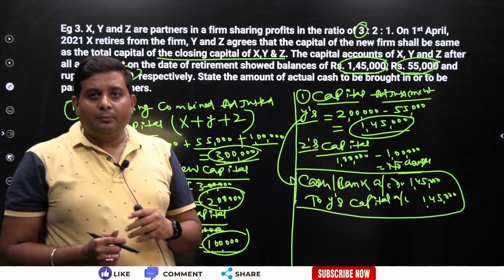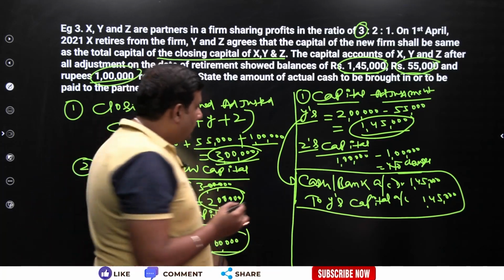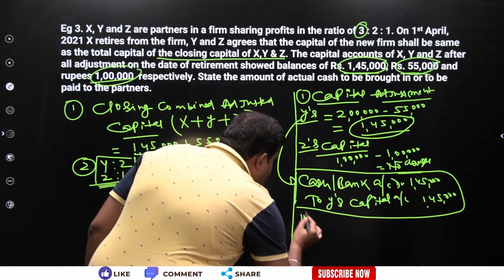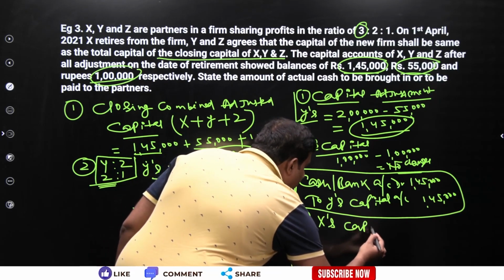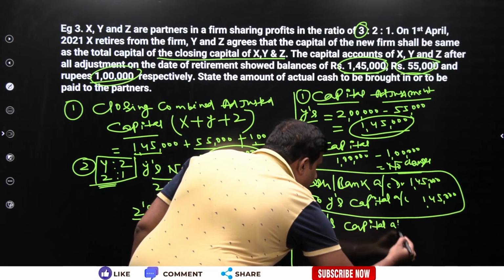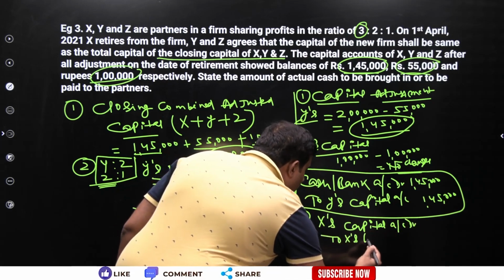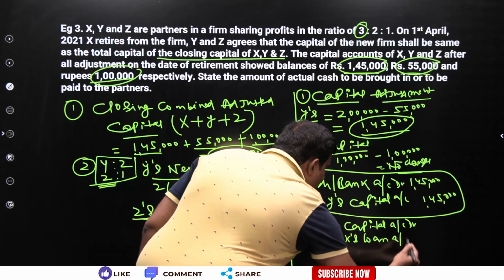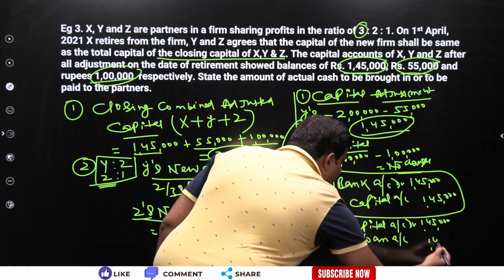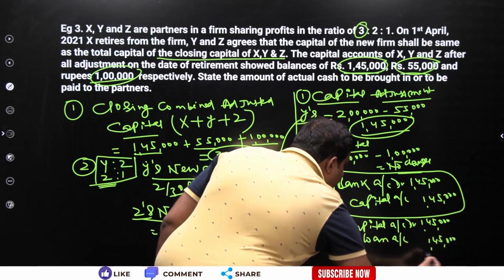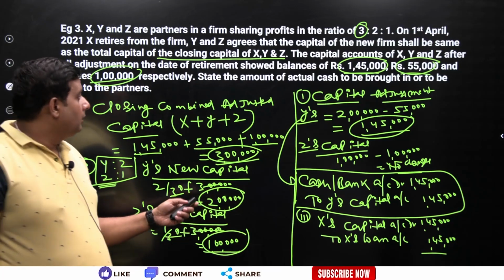Then by default, what we have to do is X's capital account debit to X's loan account. So the journal entry should be X's capital account debit to X's loan account, and the value is 1,45,000. I am sure you understand this.